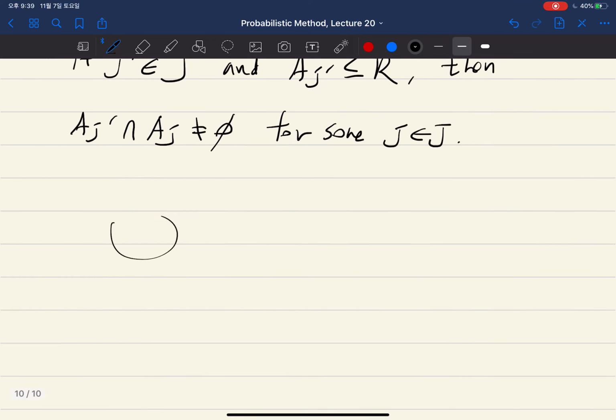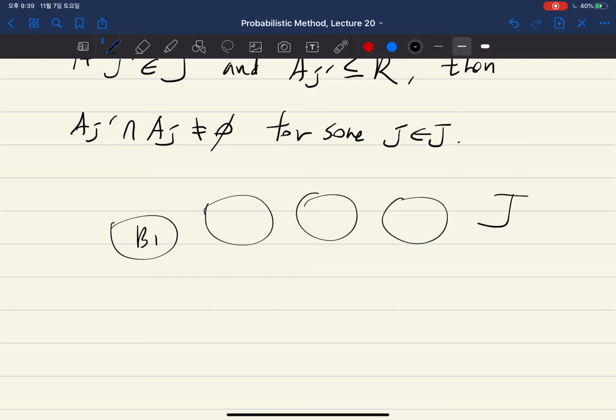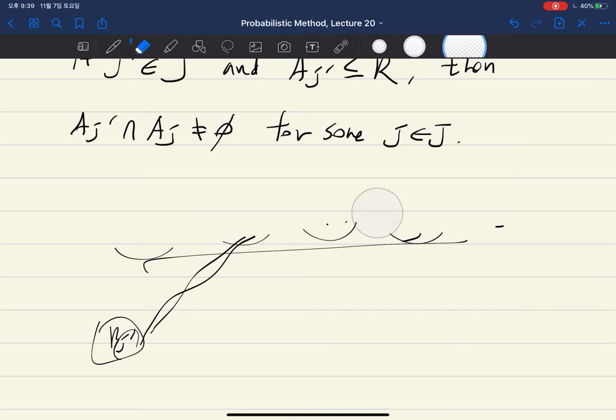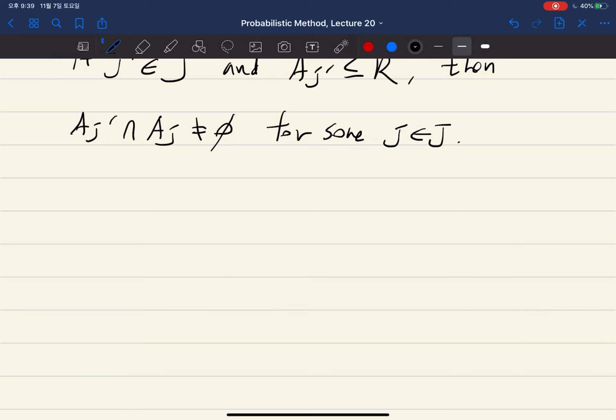So that means if you have this J and the corresponding events, and if we have another event which happens where J prime doesn't belong to J, then this has to be dependent on one of them. So it is not independent of at least one of the events in J. Then we call this max disfam.